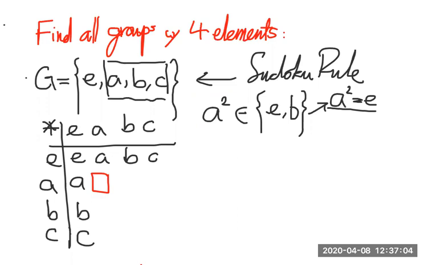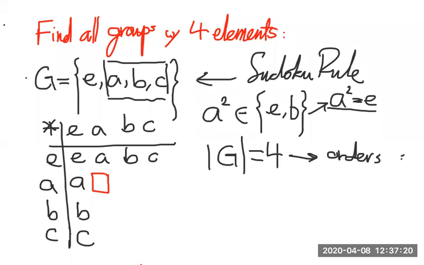So the point is that G here has 4 elements, so the order of every element should divide 4. So the orders of elements in this group can be 1, 2, and 4. The only thing with order 1 is the identity, right?